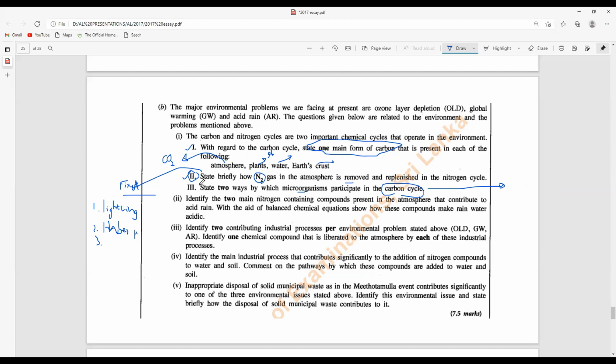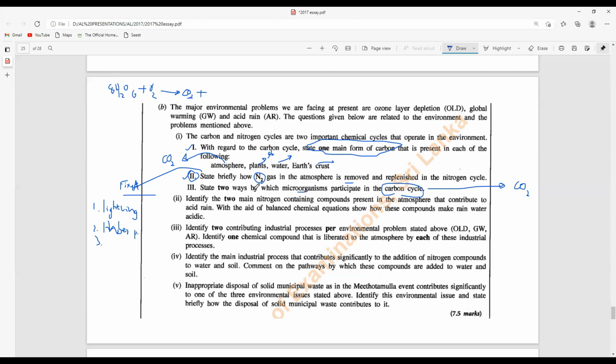So the two main ways: under aerobic conditions, these carbon compounds can be converted to CO2. That is the main one. This is under aerobic condition, right? For example, if you remember your glucose reaction, C6H12O6, under aerobic condition with oxygen, it will give CO2 and water. So these carbon compounds under aerobic condition are converted to CO2 by these microorganisms.